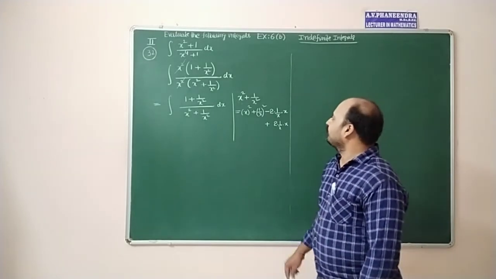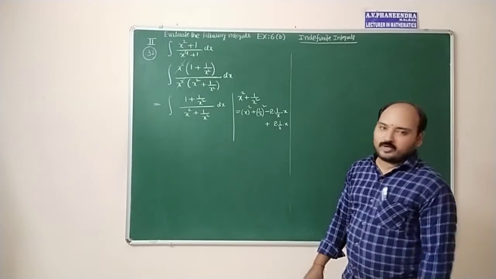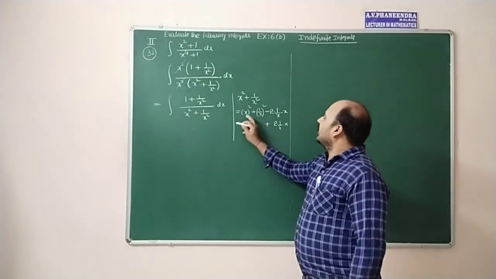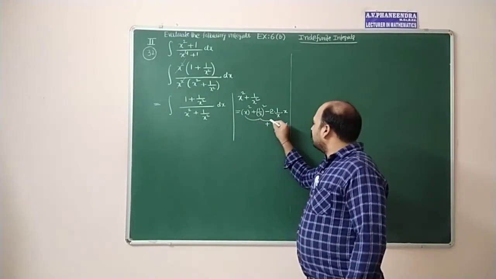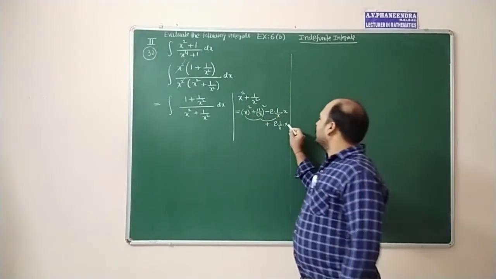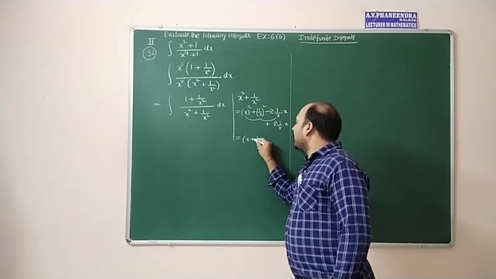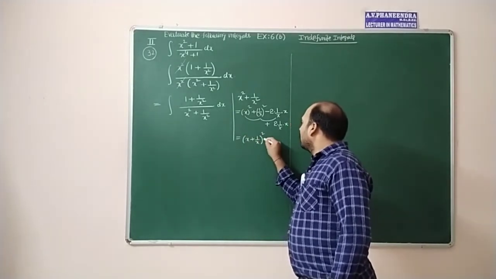Now I want to make this a perfect square, so a² + b² − 2ab. Anyway, x gets cancelled.